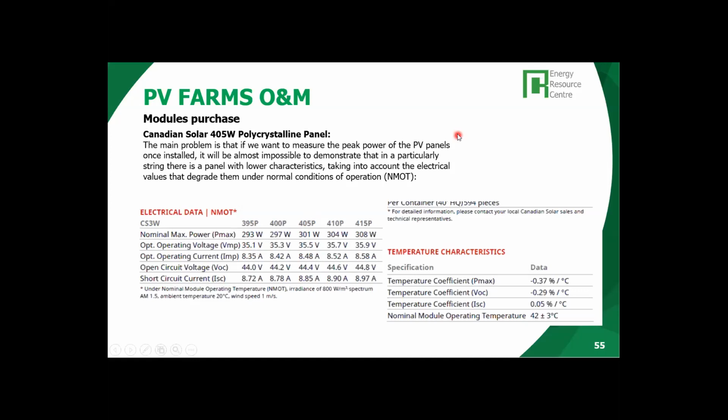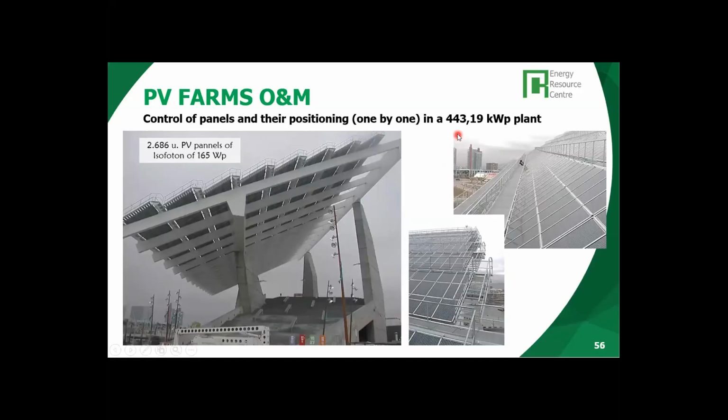But in practical terms, what needs to be done is to carefully place the PV panels in our plant so that we connect all the low performing PV modules together, building low performing strings, and we know very well where they are.